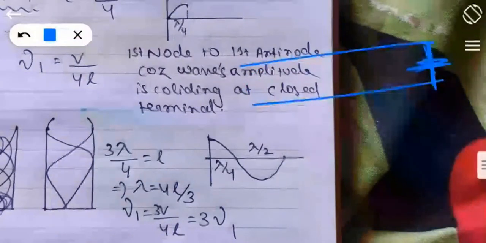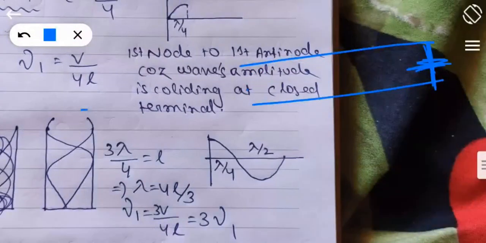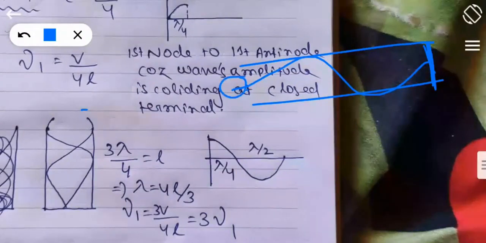All of you observe, starting from here and then ending at this point, right? This is the full one, and it is starting from a maximum point. It is starting from an antinode.